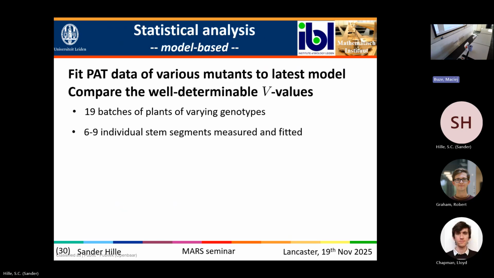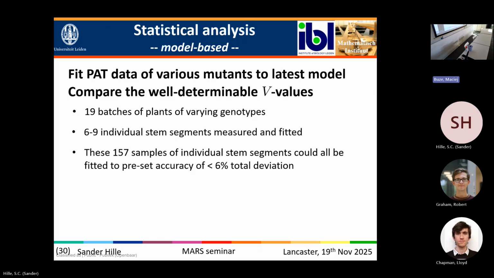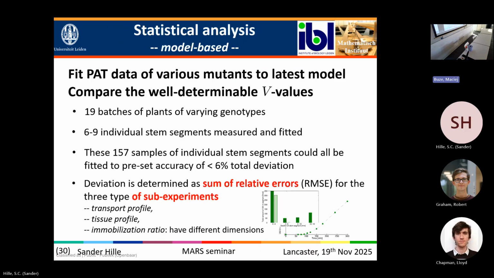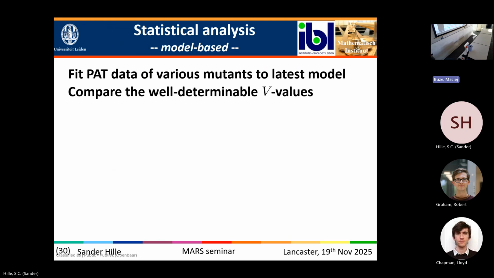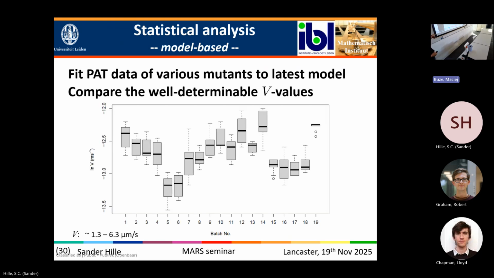We analyzed 19 batches of plants of different genotype, many individual stem segments per batch, and in total some 157 samples were fitted each individually, and they could be fitted well. And yeah, what you see is then something like this. It doesn't really matter what precisely these batches are. I come to that later.